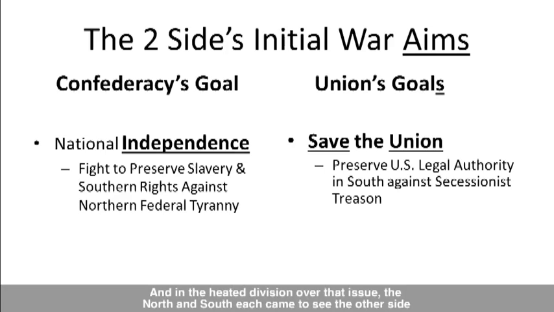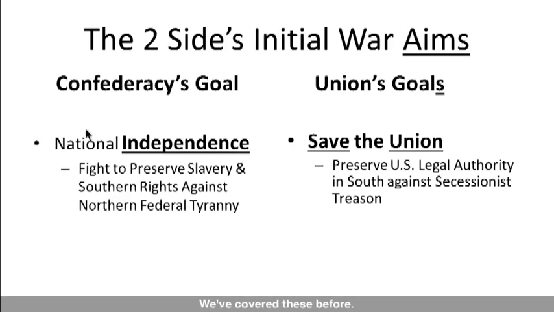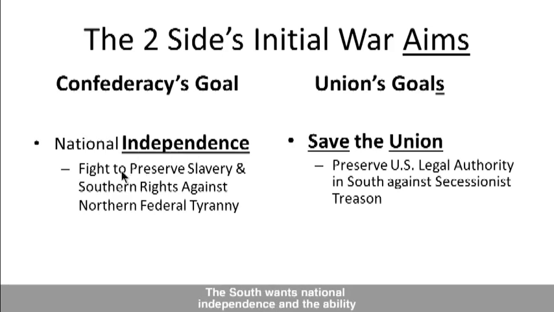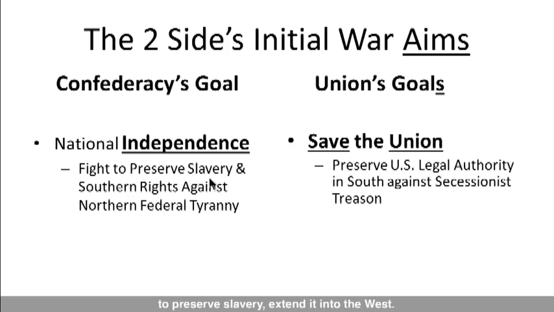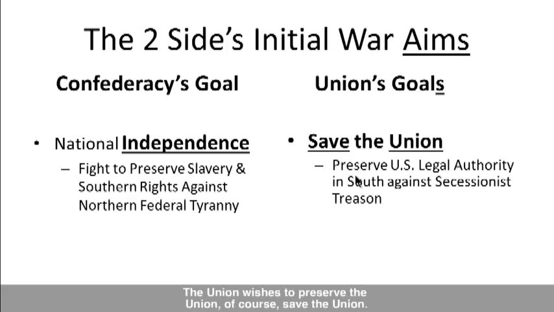And in the heated division over that issue, the North and South each came to see the other side and its position as representing a grave threat to their own rights and liberties. Now, their main goals and motives at the beginning were clear. We've covered these before. The South wants national independence and the ability to preserve slavery and extend it into the West. The North wants to preserve the Union, of course, saved the Union.